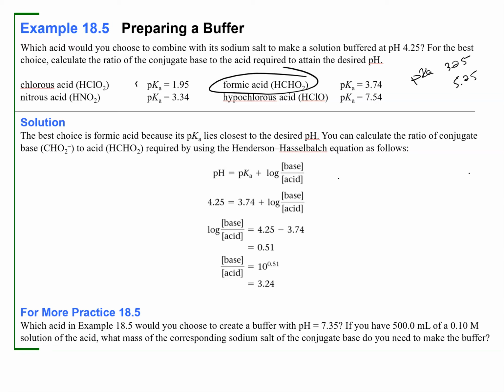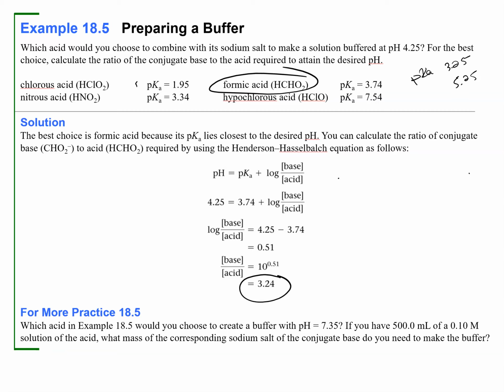So let's go ahead and plug this in like we were just looking at. pH equals pKa plus log of the conjugate base over the concentration of our weak acid. And let's solve this for formic acid. And you can see that the ratio of base to acid is 3.24. So this is absolutely reasonable. Still retains good buffering capacity.